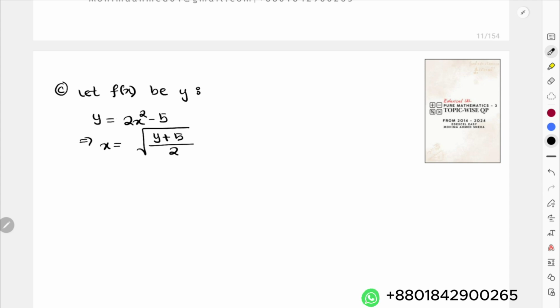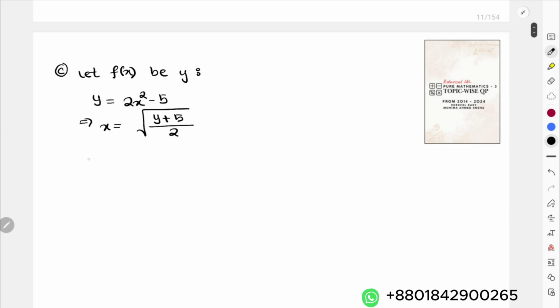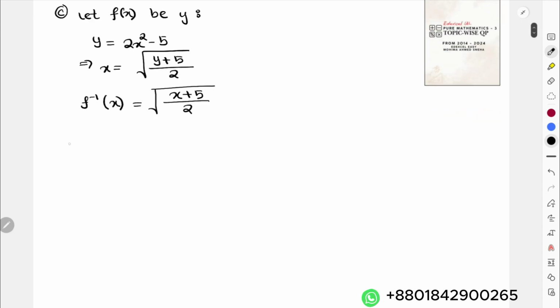So from there I get the equation for f inverse x as the square root of (x plus 5) over 2, everything under the square root function.